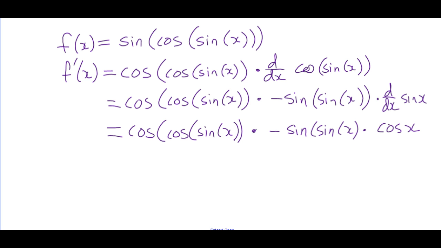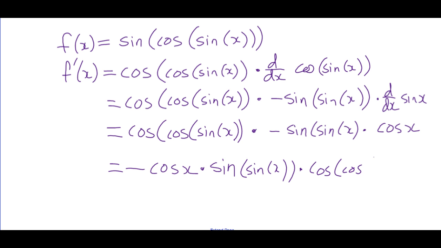So the most simple thing you can do is take the negative. And then we've got cos x. And then we've got times the sine of x. And then we've got the cos of the sine of x. Right. And there it is. Right. And what is that? That's f prime of x, right?